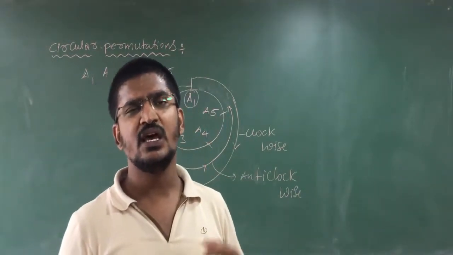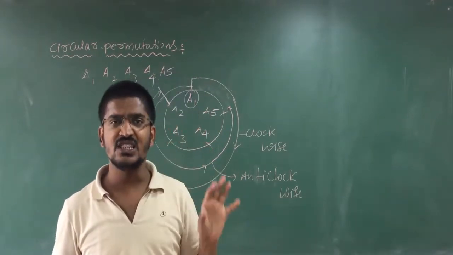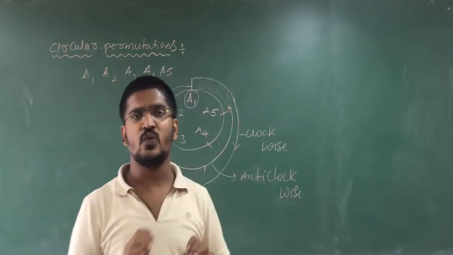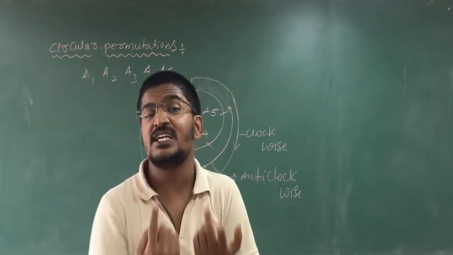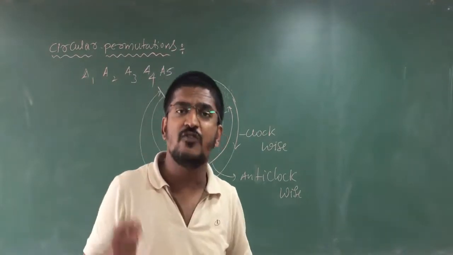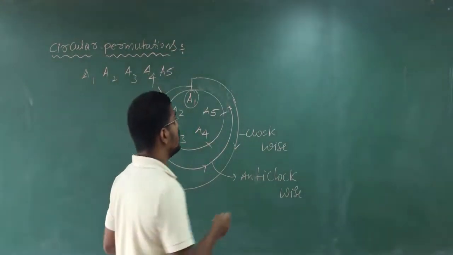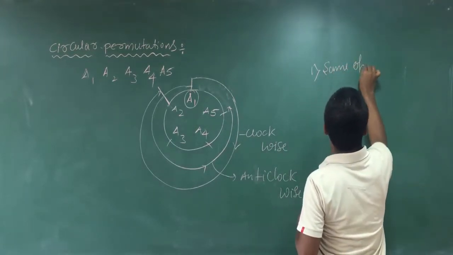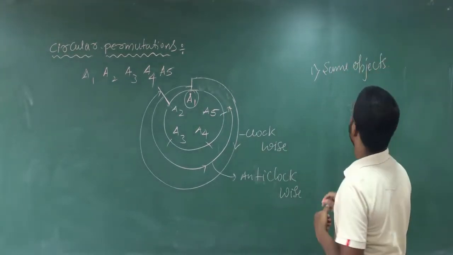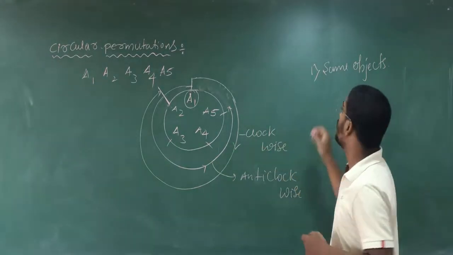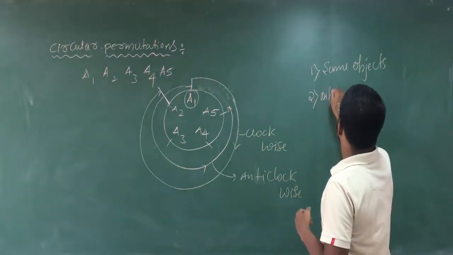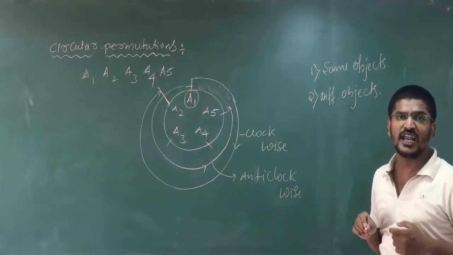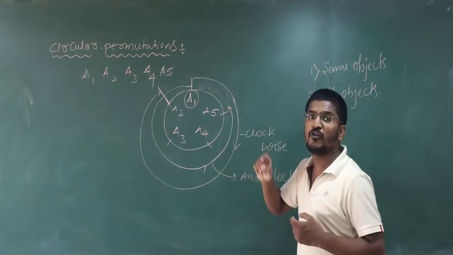Are you getting my points? See the terms. Arranging the same objects in circular form is one thing. Arranging different types of elements in circular form is again a different thing. So two different things: the first one is arranging same objects in circular form, and the second one is arranging different objects in circular form.